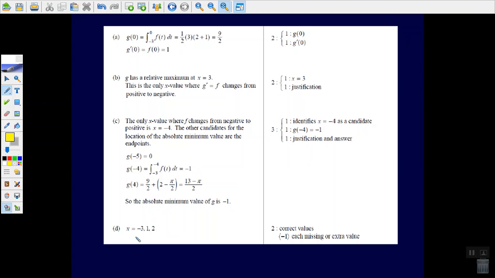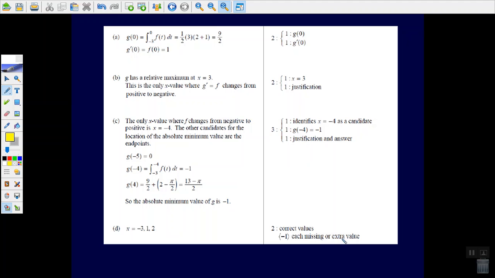And D, simple. It's actually 2 points though. You get both points if you have all 3 correct values and no additional points, or not missing any. So 2 points for the correct values. Now it says we're going to deduct points if you're missing any of them or have any extra ones.